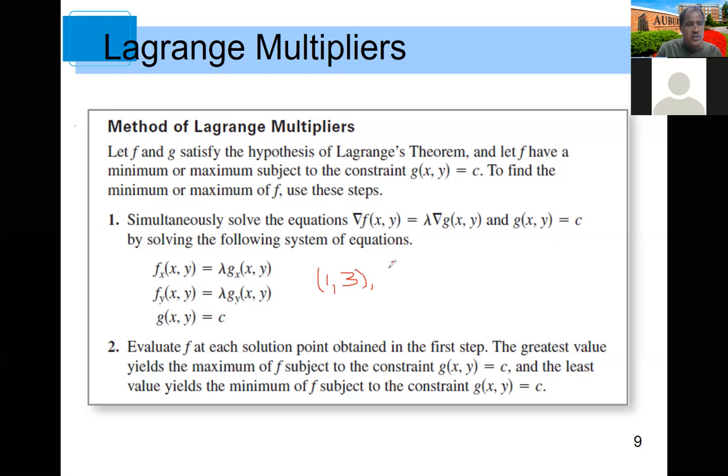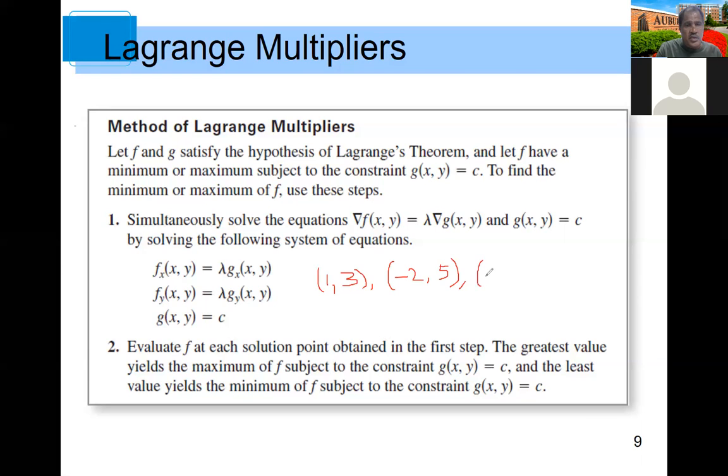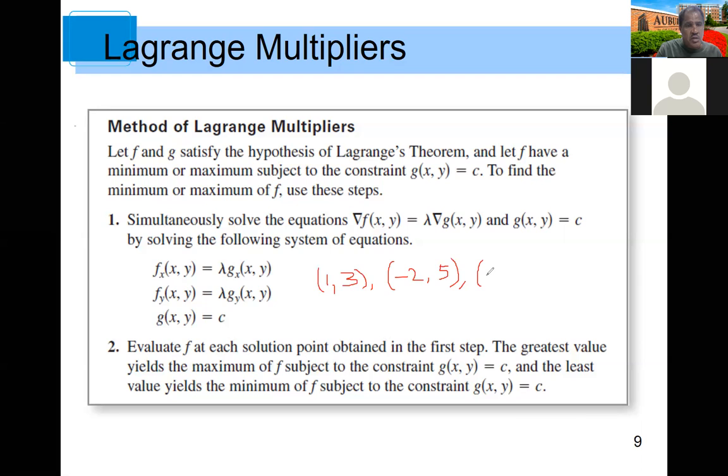And let's say you get x is negative 2, y is 5, I'm just saying. This is not true, I'm just giving you an example. And let's say you get x is 0, y is 7, I'm just saying, okay?